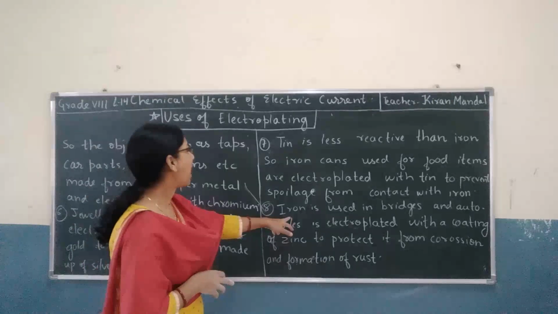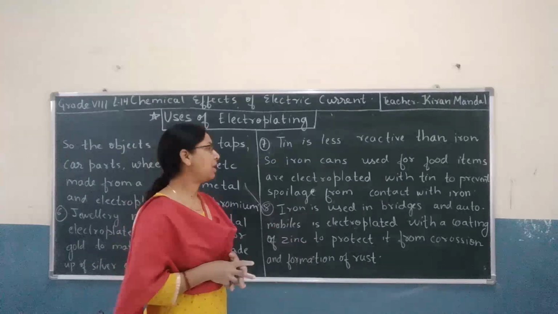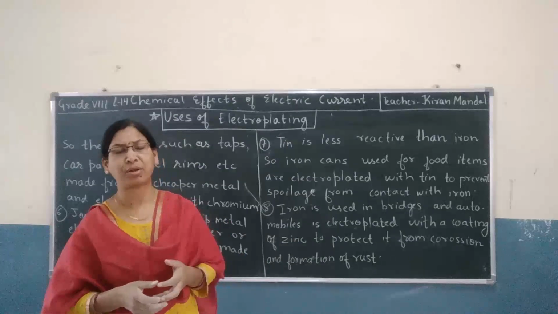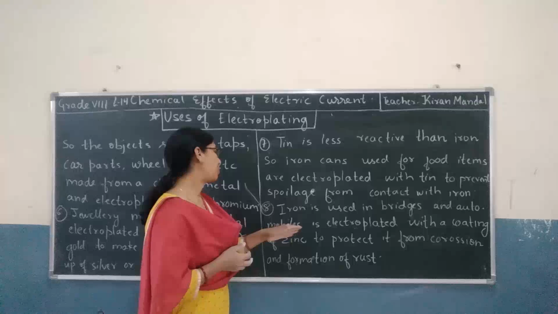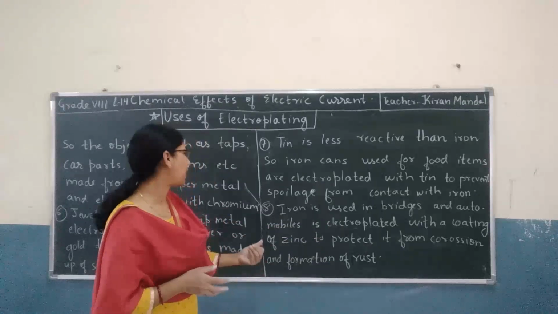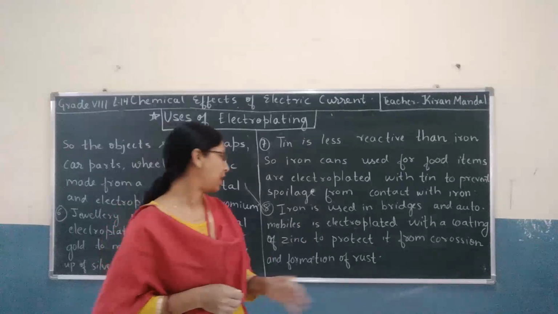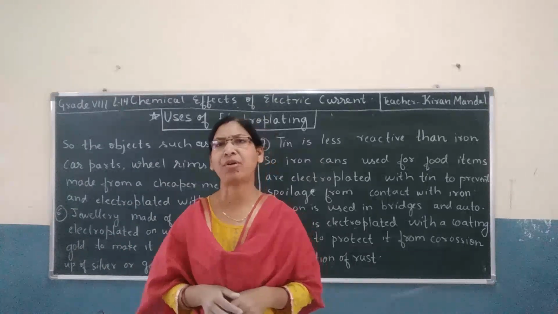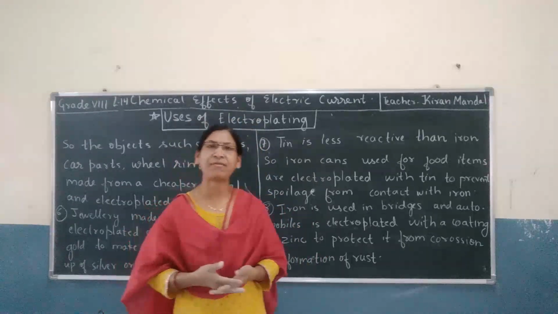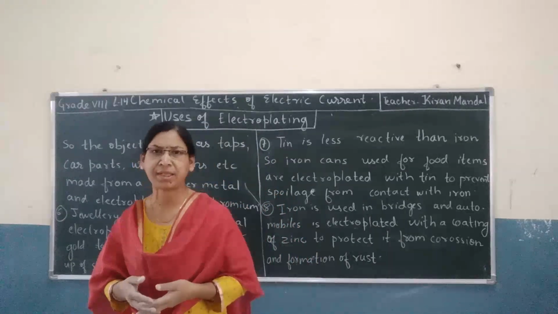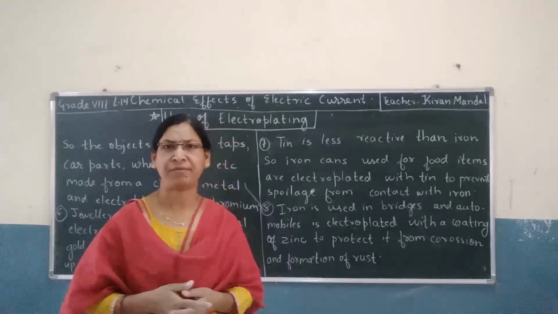Next one is iron used in bridges and automobiles. They are very strong but they get rusted also. So they are electroplated with a coating of zinc to protect them from corrosion and from formation of rust. So these were a few uses of the process of electroplating in our day-to-day life.